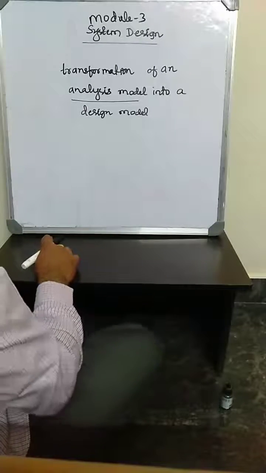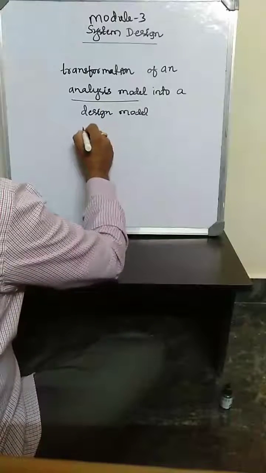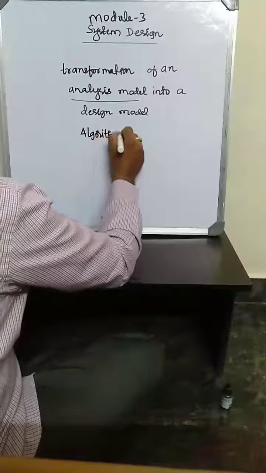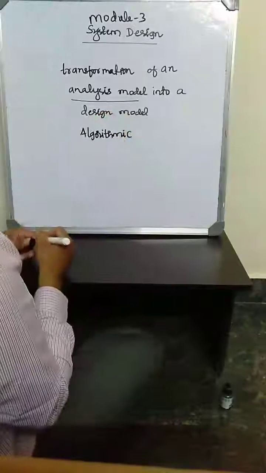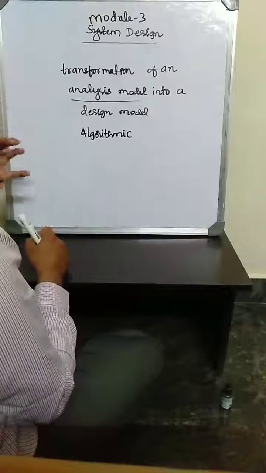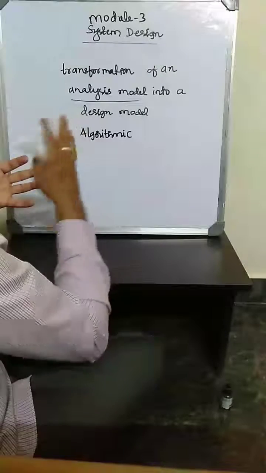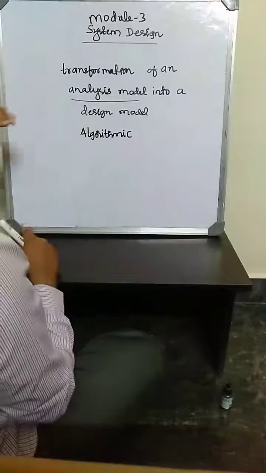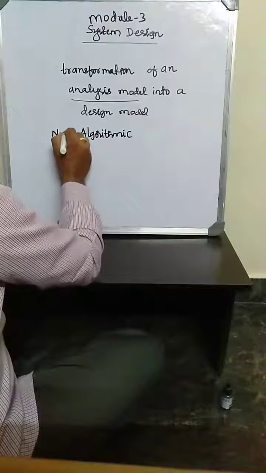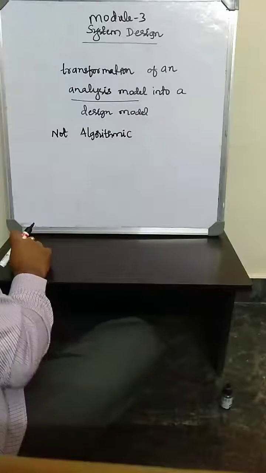Okay, and here system design is not algorithmic. Basically, I will list out key points. It may not be algorithmic. Algorithmic means building a model by keeping a particular algorithm into consideration. That is not the case here. So here I will write the words: not algorithmic.